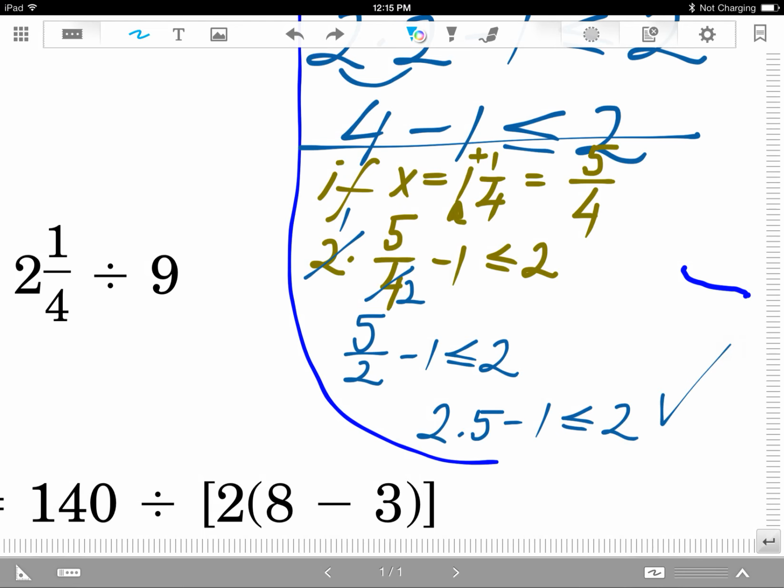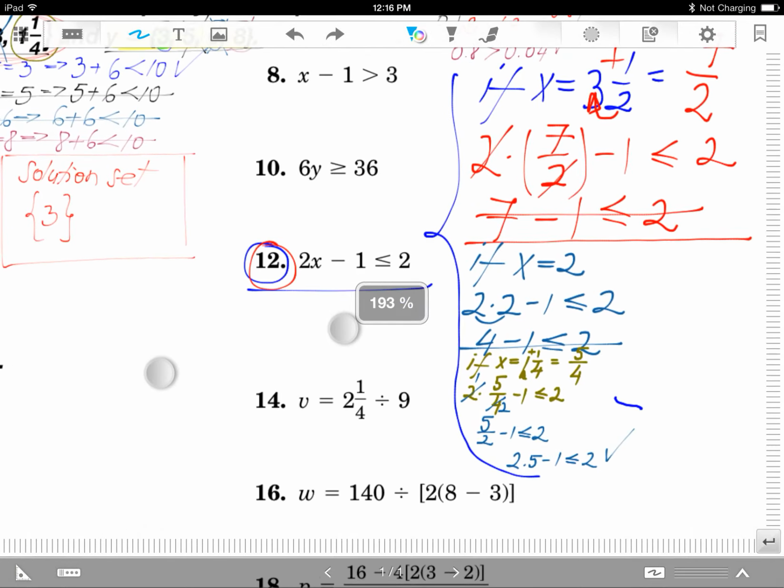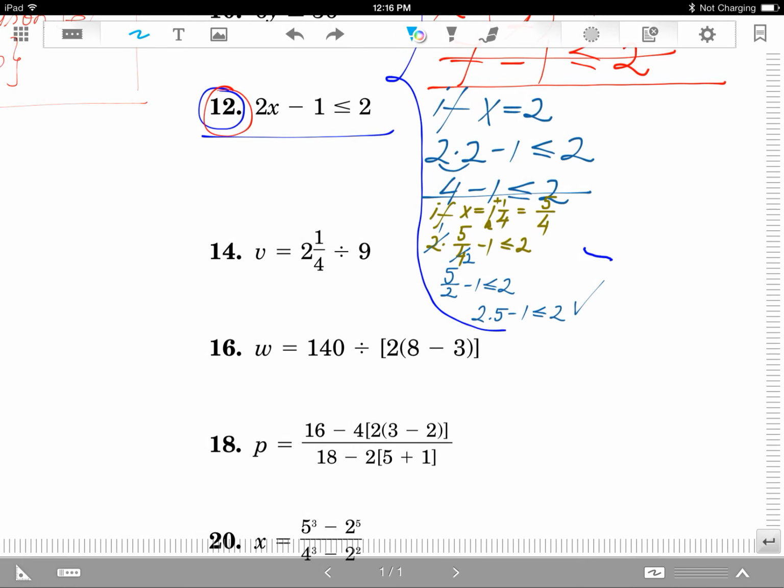Well, I think so. 2.5 minus 1 is going to be 1.5, which is less than 2. And you guys are done. And this will give you the answer for this problem. Solution set will be once again one element, 1 1/4.